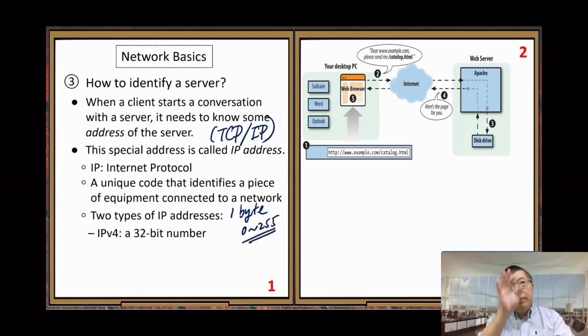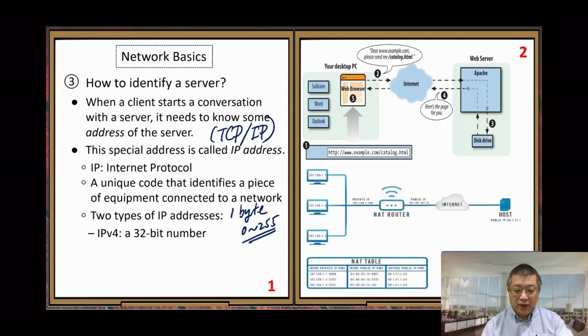4 such small integers are used to represent one piece of equipment on the internet. Those 4 numbers are separated by the dot operator. The first number, dot, second number, dot, and so on.